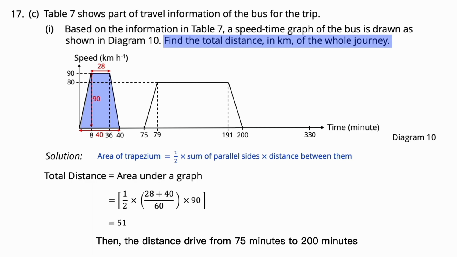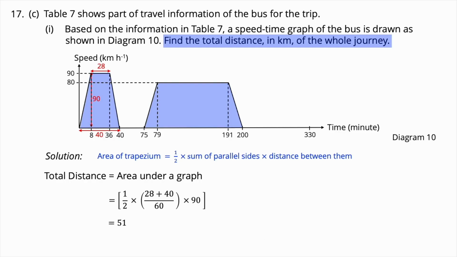Then, the distance driven from 75 minutes to 200 minutes is the area of the second trapezium. Its parallel sides are 191 minus 79 equals 112 minutes, and 200 minus 75 equals 125 minutes.